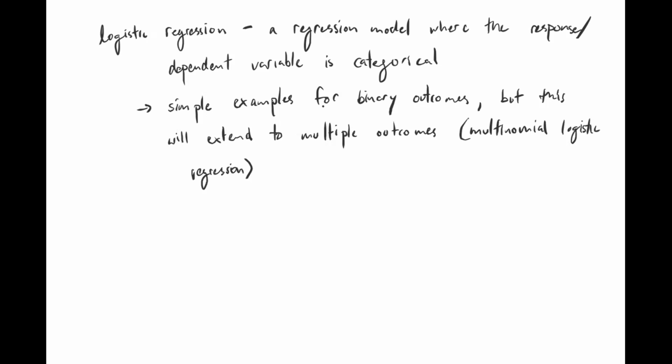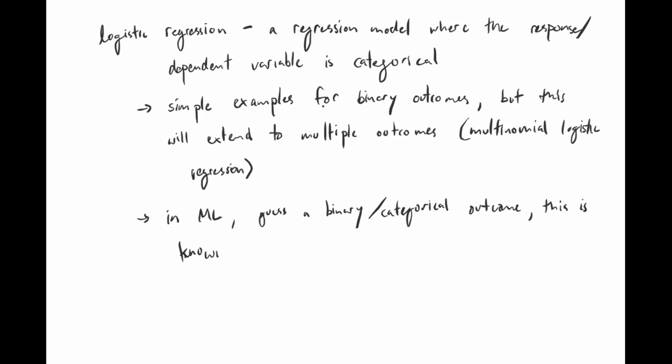As a form of nomenclature, in machine learning, they refer to this as something different. Whenever you guess a binary / categorical outcome, this is known as classification, which makes sense.